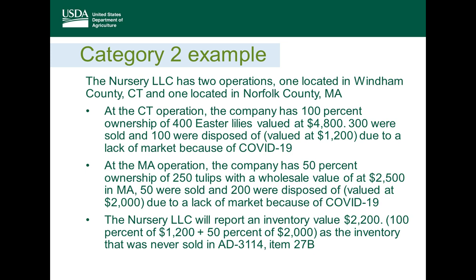At the Massachusetts operation, the company has 50% ownership of 250 tulips with a wholesale value of $2,500. 50 were sold and 20 were disposed of, which were valued at $2,000 due to a lack of market because of COVID-19.